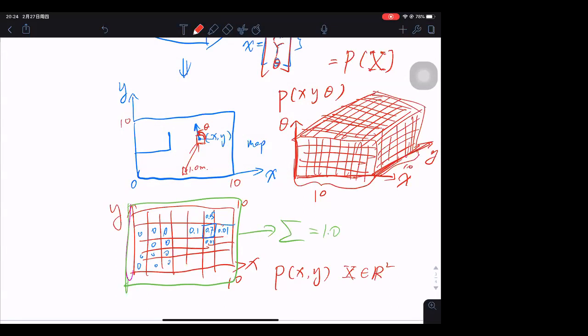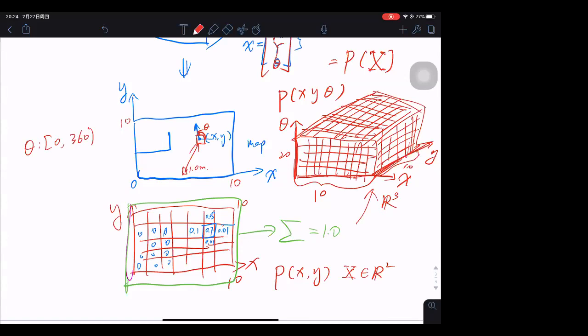That's the case where your state is in the two-dimensional world. If you elevate that to the 3D case, this is R3. I separate the x direction into 10 possibilities, y into 10 possibilities, and theta probably into 5 or 20 different possibilities. The orientation of the robot can range from 0 to 360 degrees.